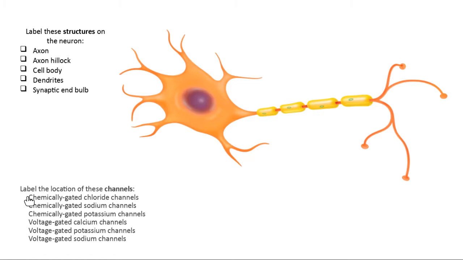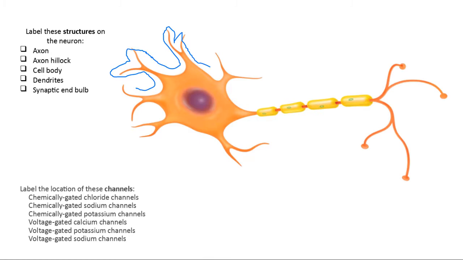Chemically gated channels, whether it's chemically gated chloride channels, chemically gated sodium channels, or chemically gated potassium channels, the only place on a neuron that you're ever going to find chemically gated channels are the dendrites, because that's the only place on a neuron that's ever going to receive neurotransmitters. So I'm just going to draw a line around parts of my dendrite here. This looks real terrible.